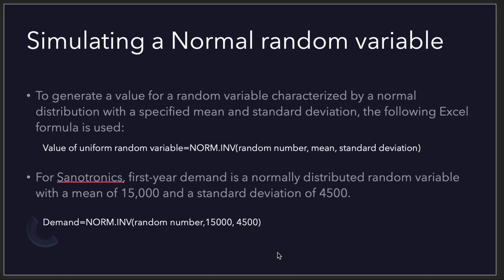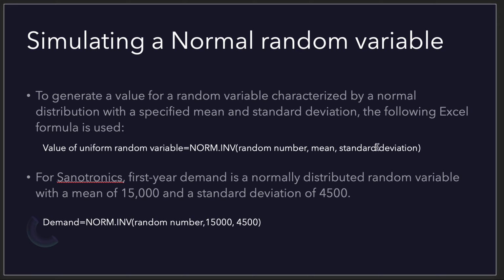And finally, the formula to generate a normal random variable is NORM.INV. This is the inverse of the normal distribution. The first value that you use is the probability value, which is the random number that you generate. So you randomly generate a probability value.